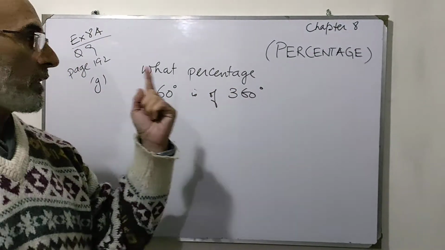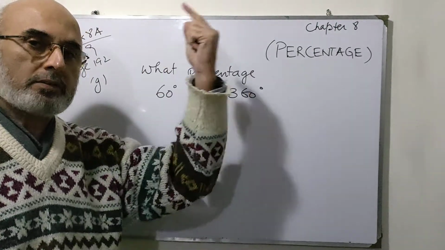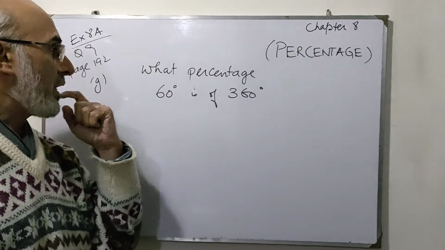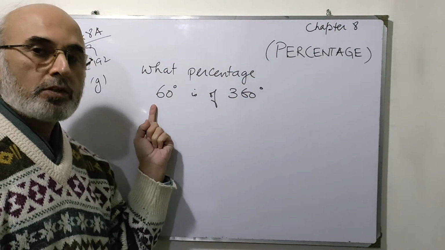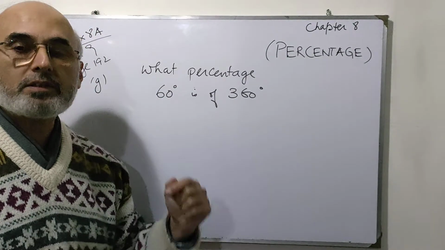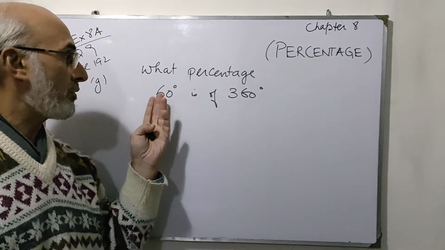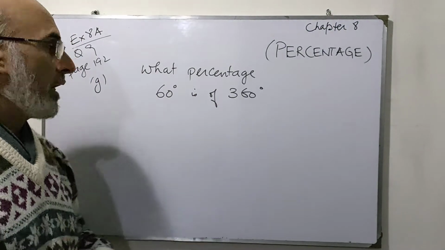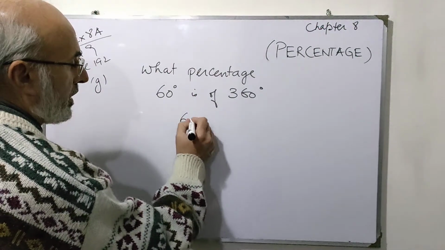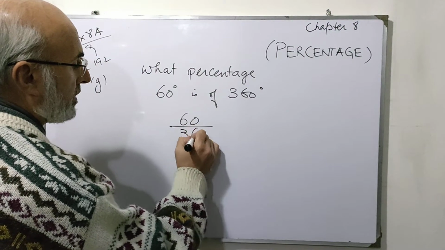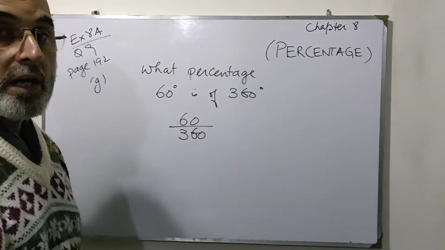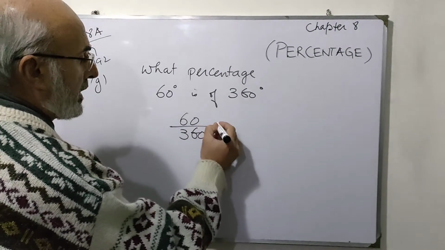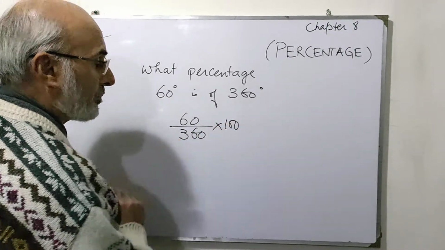Since we know that the total number of degrees in a circle is 360, if we are asked the percentage of 60 degrees out of 360 degrees, we have to divide 60 by 360, and since we are looking for percentage, multiply by 100.